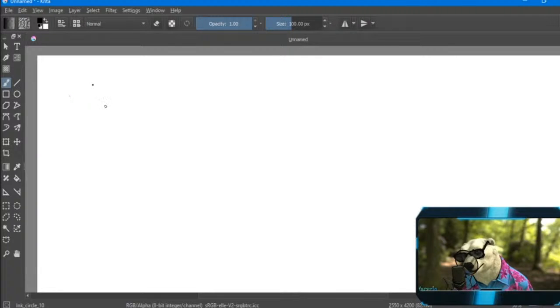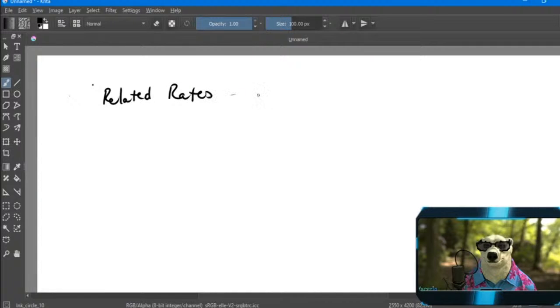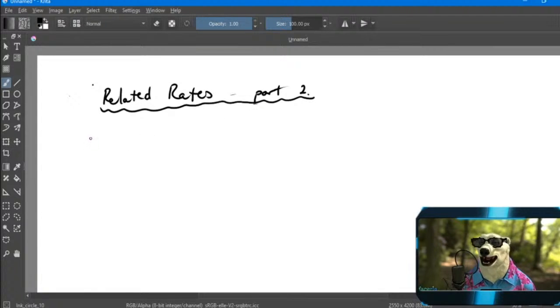We are talking about related rates, part 2. Before, we talked about how to find the derivative if I don't have a function in a nice explicit form, but rather part of an equation, sort of hidden inside an equation.